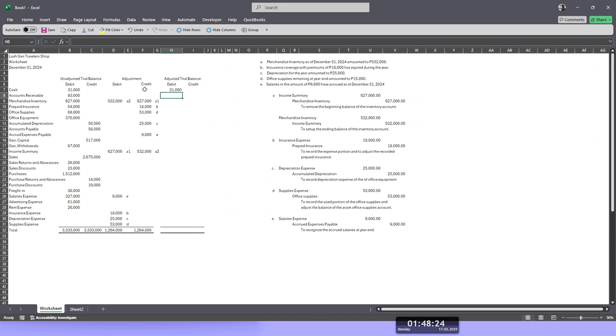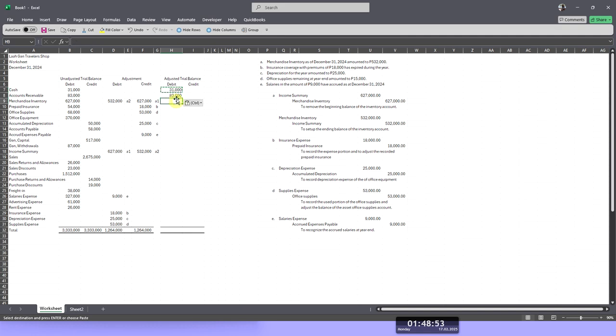Of course, if there is no entry in the adjustment column, you can just carry forward the balance from the unadjusted trial balance. So just like here, cash and accounts receivable, which don't have entry in the adjustment column, so the balances can be carried over to the adjusted trial balance.